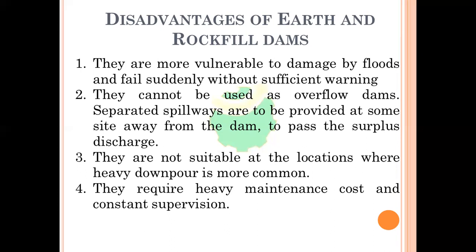In gravity dams, initially construction cost is more and maintenance cost is less. So these are the different types of dams. Depending on the types of valleys, soil and hydrological factors, the type is selected and constructed. Okay, thank you.